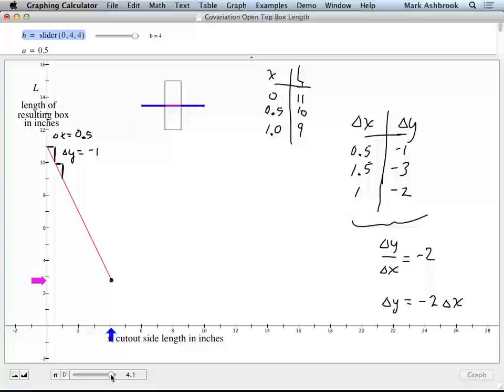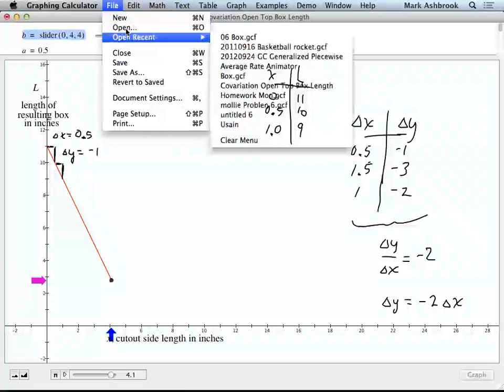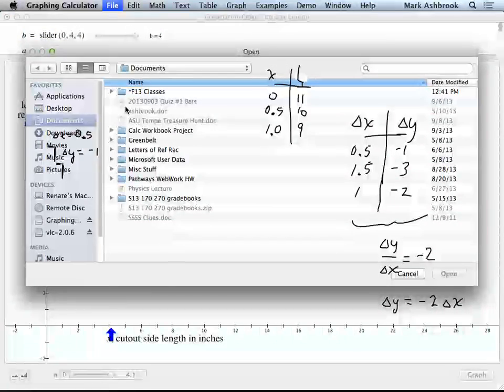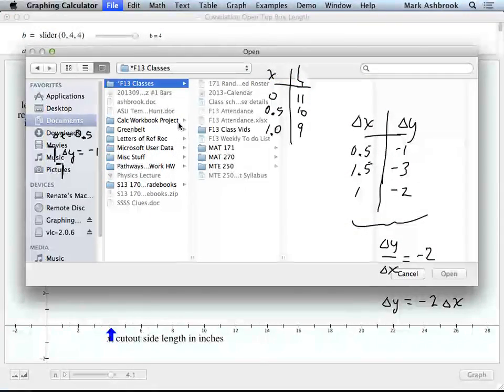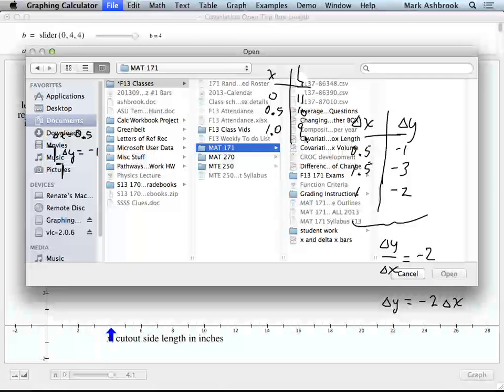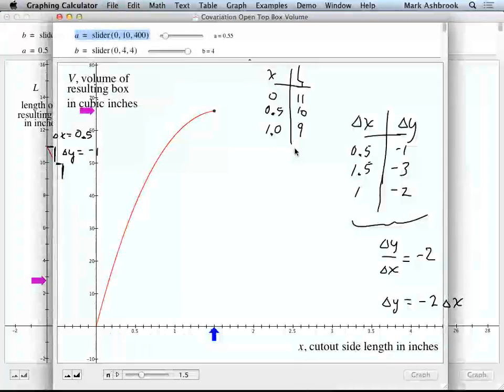That's very similar to what I did with my pre-calc students about two or 3 weeks ago. I took them through it, and then the next thing I did, I have a similar one for the volume, and we talk about the same things.